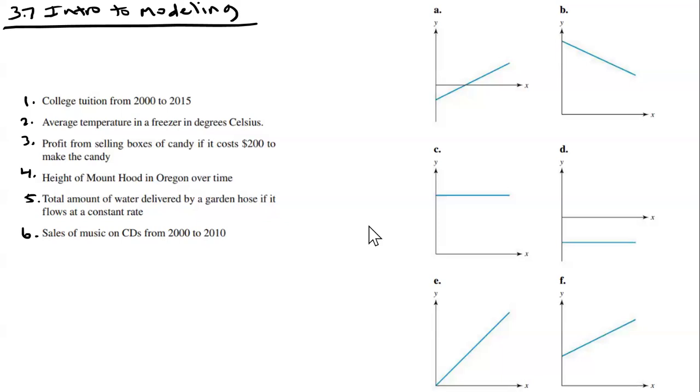Has it decreased? Has it stayed the same? Or has it gone up? What do you think? And if you were to pick one of these, which one would you pick from your six options?